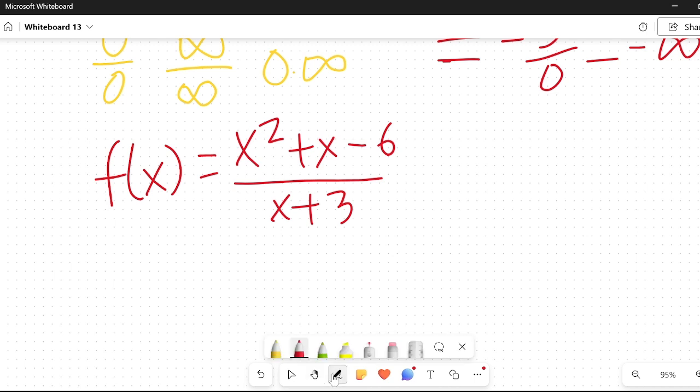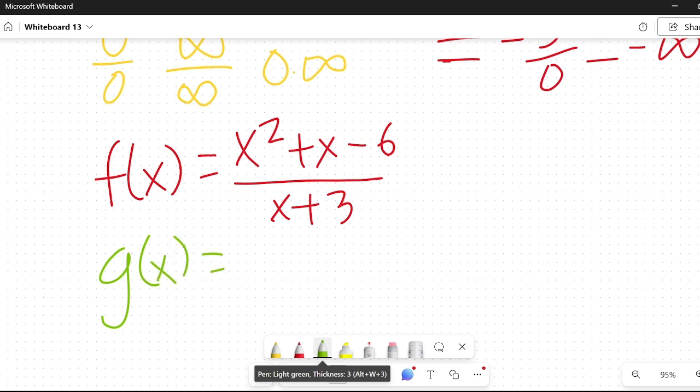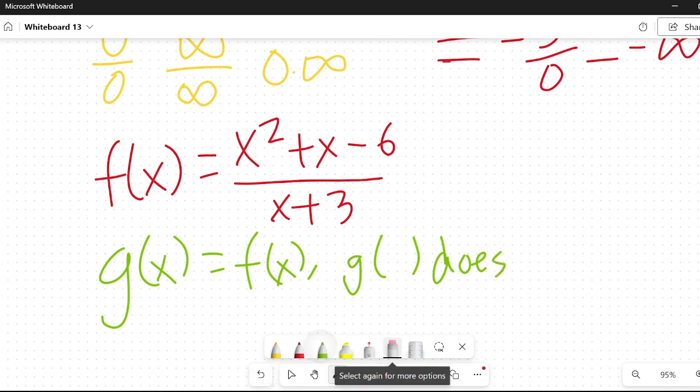Our goal with the dividing out technique is to find some g of x that equals f of x, but where g of -3 does exist.